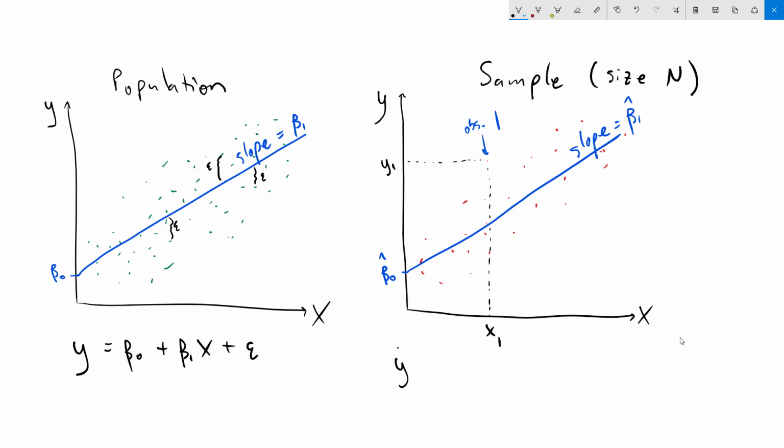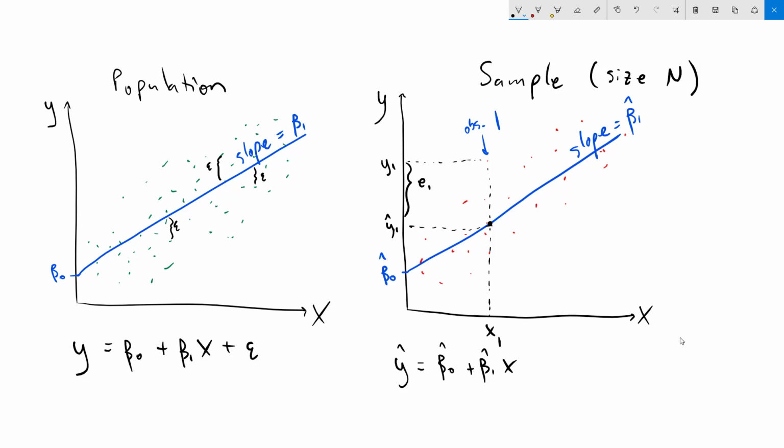So remember that y hat is beta naught hat plus beta 1 hat times x. So that's going to tell us where exactly along the regression line we are. So this height right here, that's going to be y1 hat, and then the distance between these two, that's going to be e1, the residual.